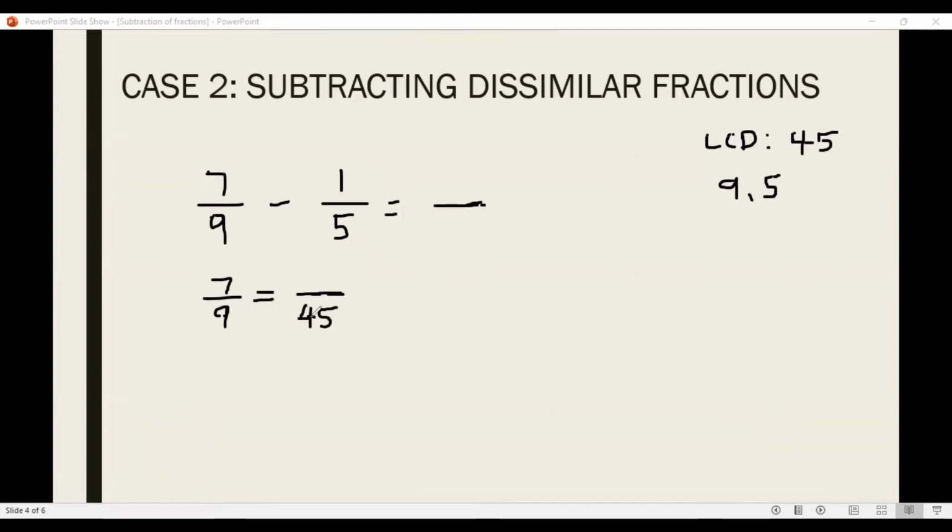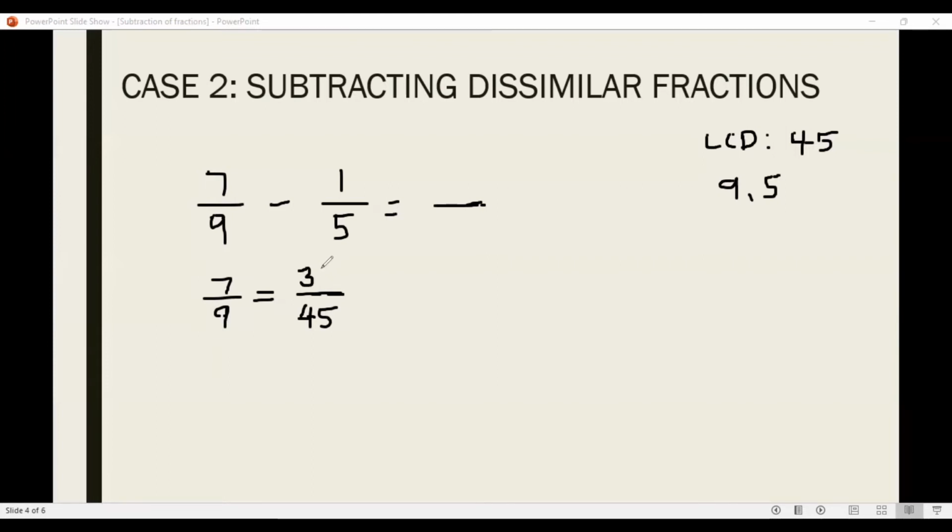Okay, so there are again two different methods. You can have the cross multiplication, meaning you multiply and then divide by 9, but that is quite longer. So it would be better if you just divide the denominator, so 45 divided by 9, the answer is obviously 5, times the 7, that is equal to 35.